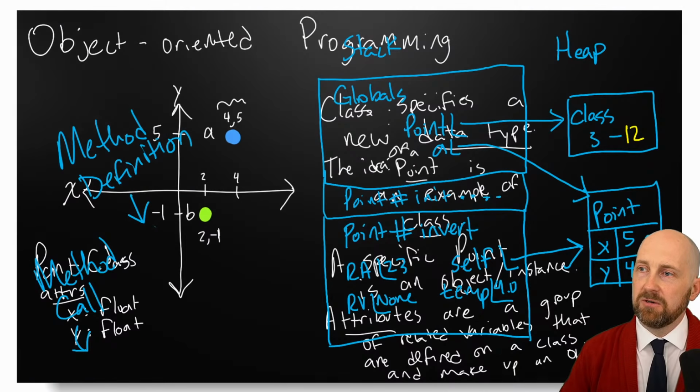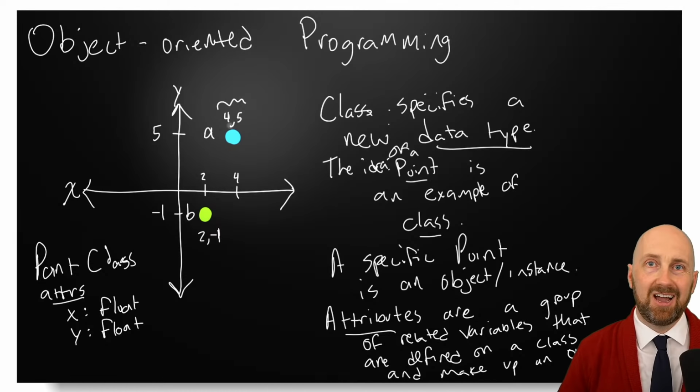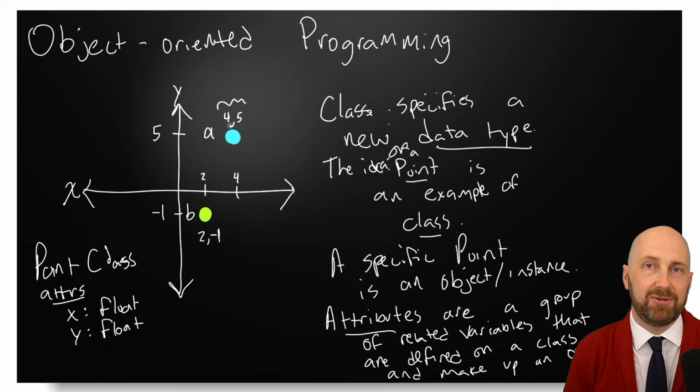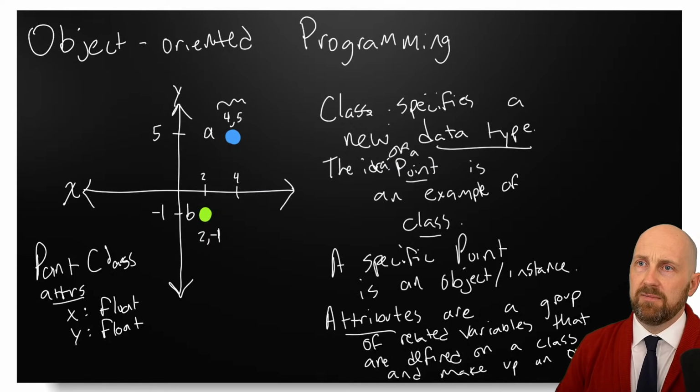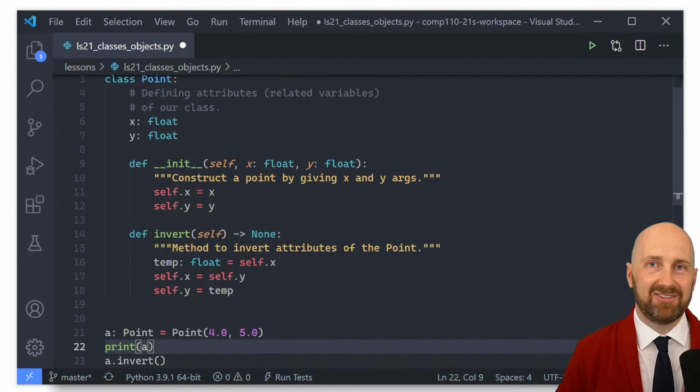Just to bring this full circle, one of the things that we started with was this idea that it's common that you want to represent a point as the string 4, 5, which is the X attribute followed by the Y attribute. And when we printed A, it printed this sort of nonsensical point at some memory address that wasn't very useful.